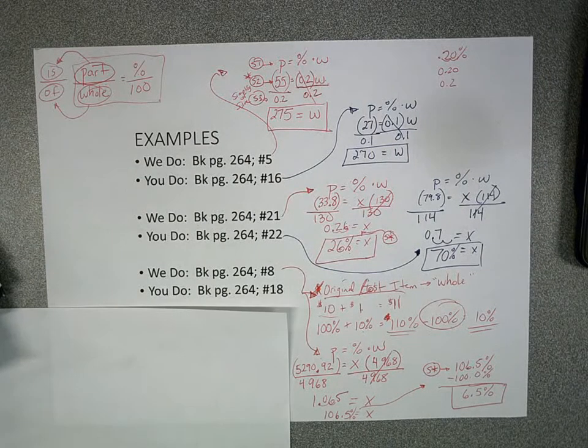All right, what did a majority of us get? 5.5%. All right, well done.